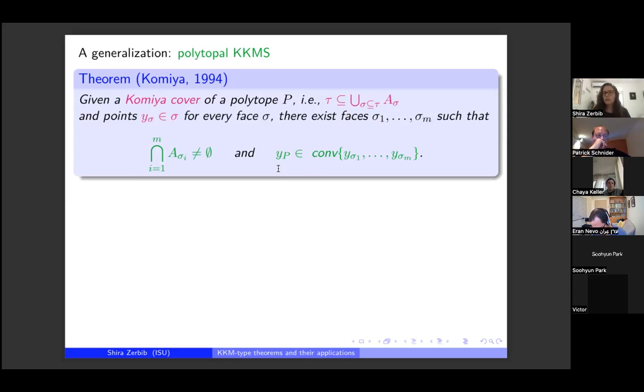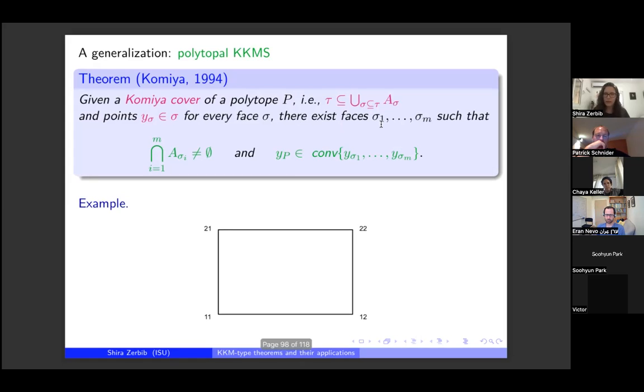And simultaneously, the point that we've chosen for the polytope is in the convex hull of the points that we've chosen for these faces. So let us see an example.